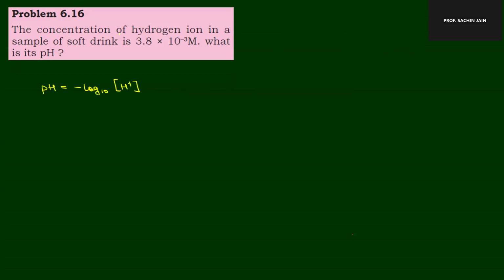Now here, the question is already giving you the concentration of hydrogen ion in a soft drink as 3.8 into 10 power minus 3. And what is its pH is the question.